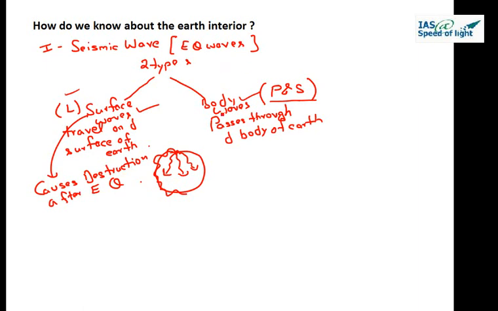Now we'll talk about the two types of body waves, the P waves and the S waves, which lead to further understanding of the interior of the Earth's structure. So we have two types of body waves, the P wave and the S wave.